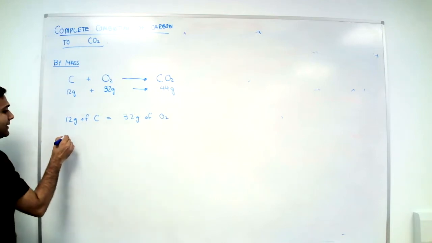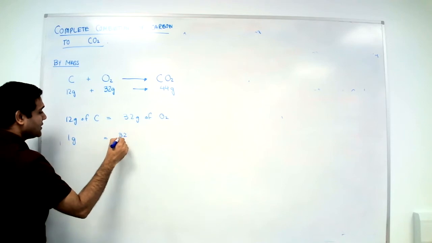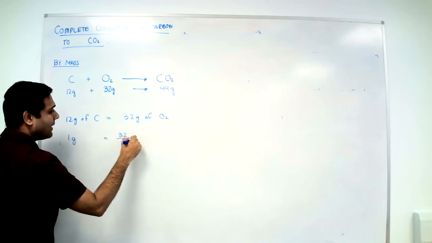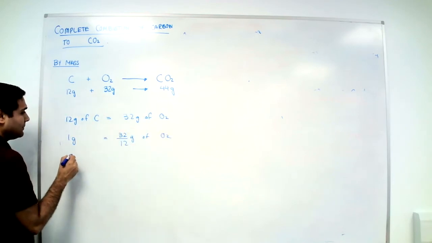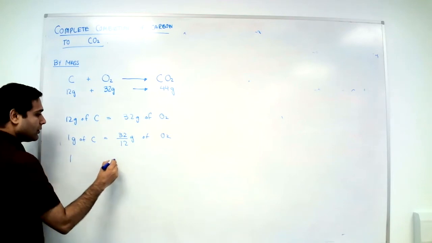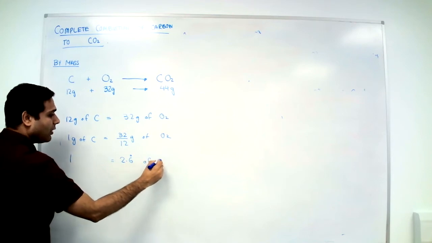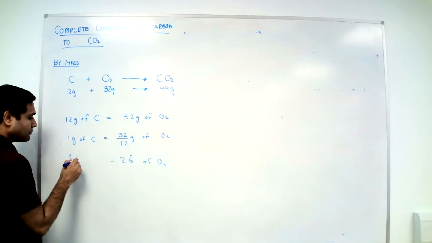If I say 1 gram, it is going to be 32 divided by 12 grams of oxygen. Can someone give me the answer in decimal? 2.66 recurring. So 2.66 recurring kilogram of oxygen for 1 kilogram.